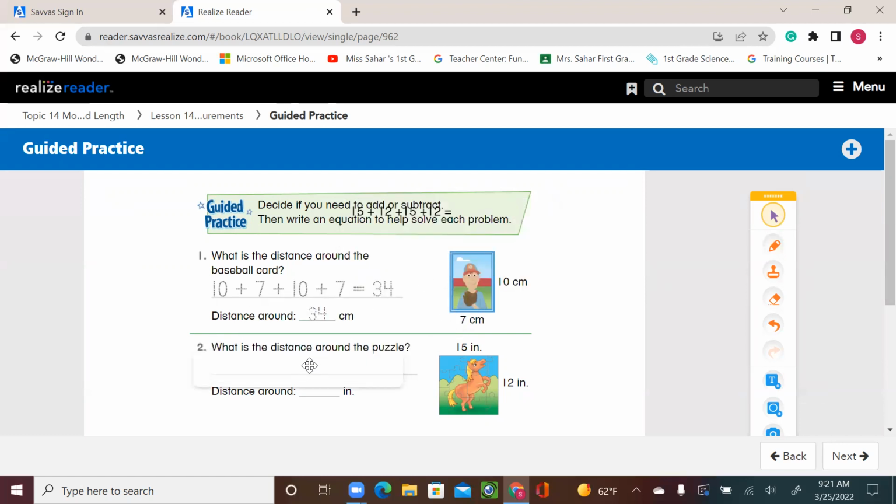Let's put this down first. So I know 15 plus 15 equals 30, and 12 plus 12 equals 24. So 30 plus 24 equals 54. So I'm going to put 54.